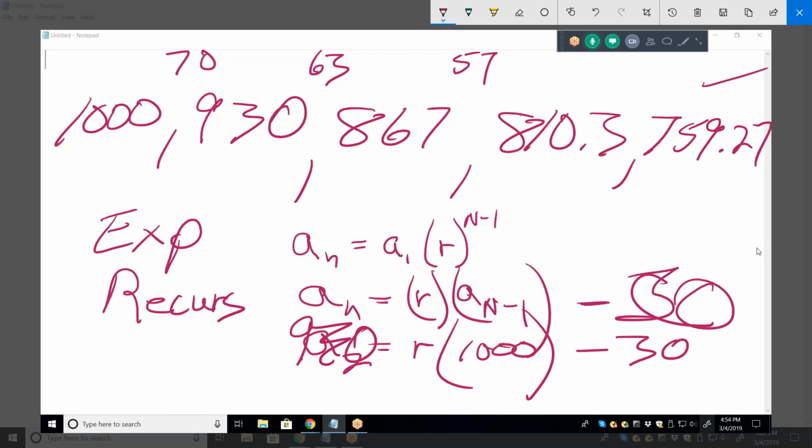So if I add 30 to both sides, I get 960 equals r times 1,000. I get an r of 0.96 instead of 0.93. What? Yeah, I know. So I don't know. More puzzle.